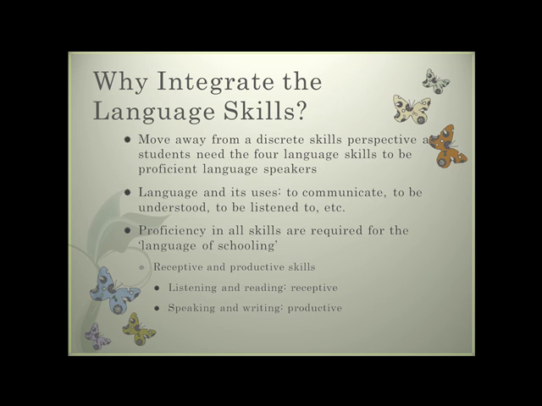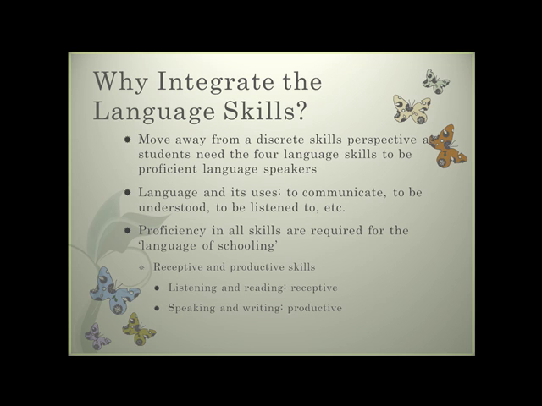Now, you also need to remember that language can be used for many different things. At the very basic level, we can say that we use language to communicate, to be understood, to be listened to. One of the very important uses of language is to learn.